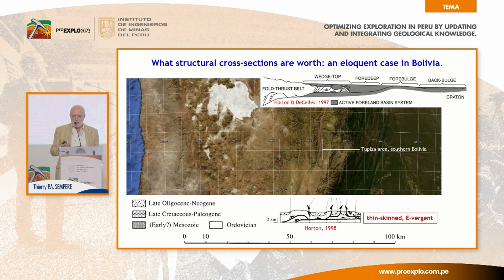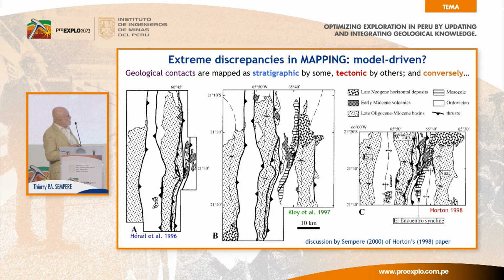Now, if we move on to Bolivia, there's a very interesting case. The Tupiza zone has been studied by 3 groups in 3 successive years. Horton published a model which is on top, and of course, his next year publication confirmed the model that he suspected.